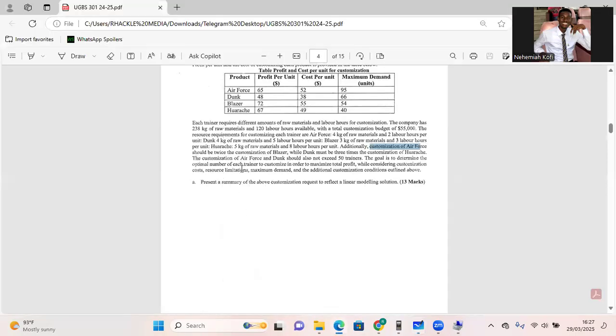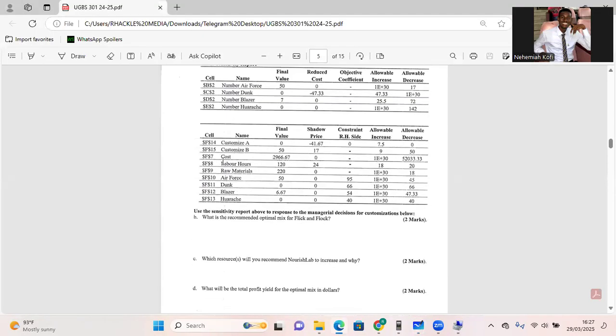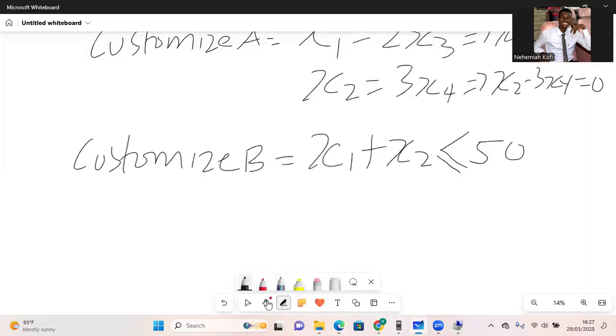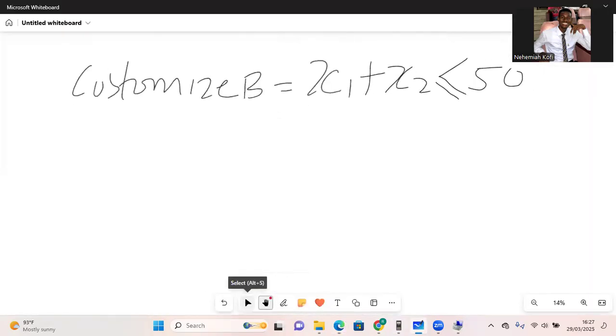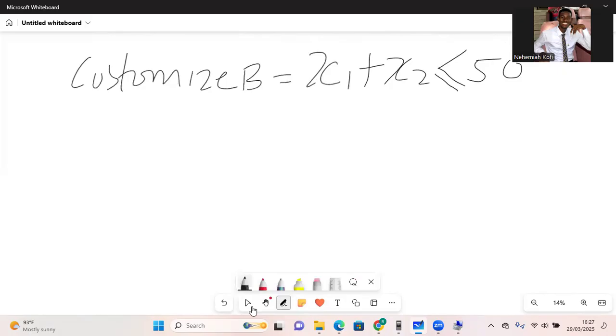Now let's move on to the next constraint that we are seeing here. We are seeing cost. The next constraint here is cost. So now let's write cost. Let me bring it here.